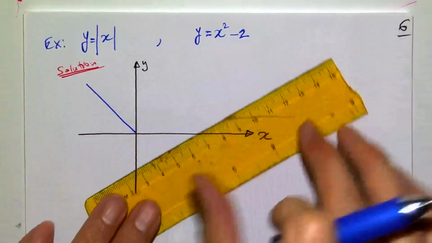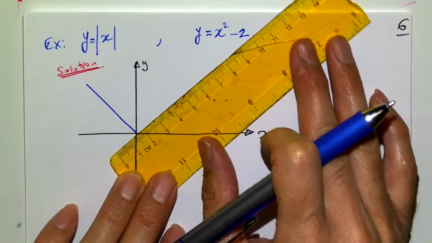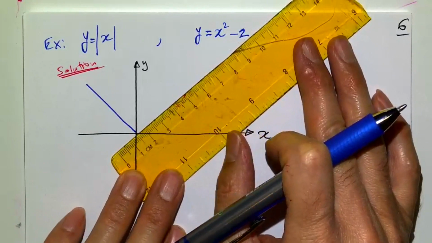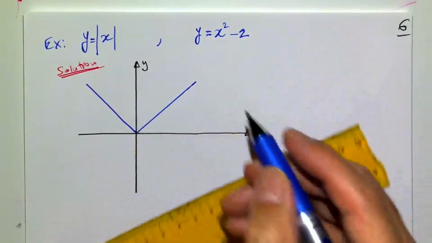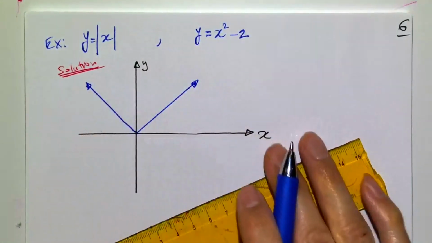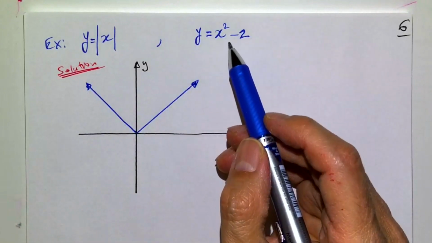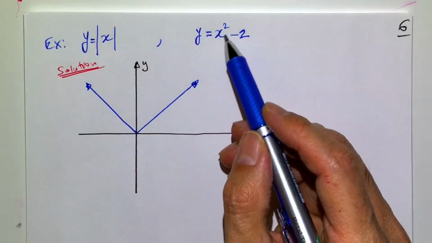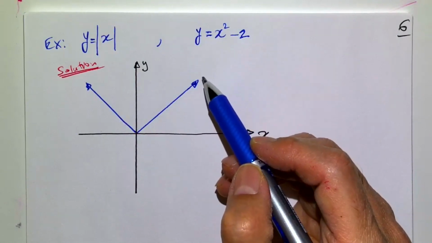And then also on this side. And then the quadratic function is simply the basic y equals x squared function moved down 2 units.